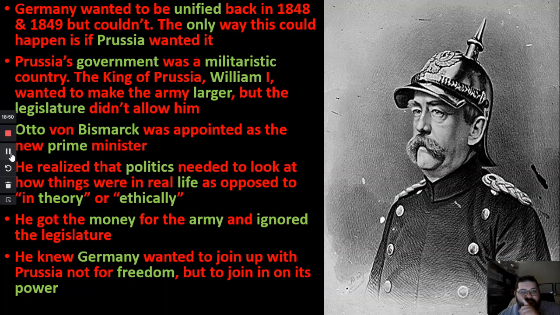He is one of the top guys. Now, thing is, he realized that politics needed to look at things in real life and not as, well, if theoretically, if we do this, then this will happen, or even ethically. So, like I gave the example in class, this is an ethical question.